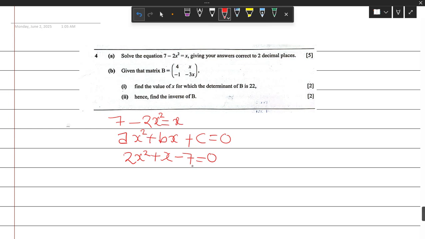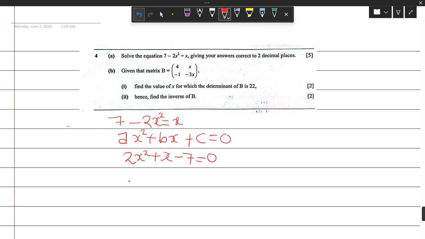Now that we've written this equation in standard format, there are a lot of methods you can use, depending on whether you can use the factorization method. There is completing the square. There is also the formula method. For this question, we'll implement the formula method.